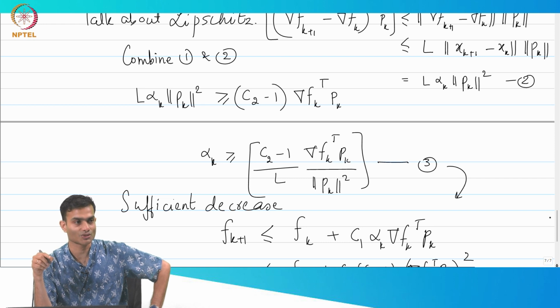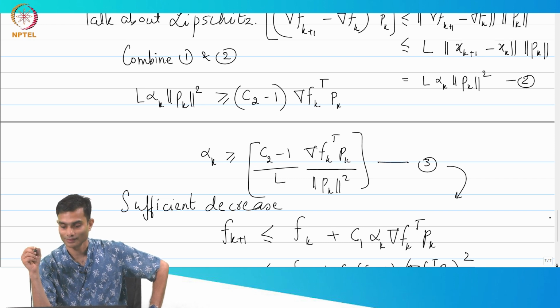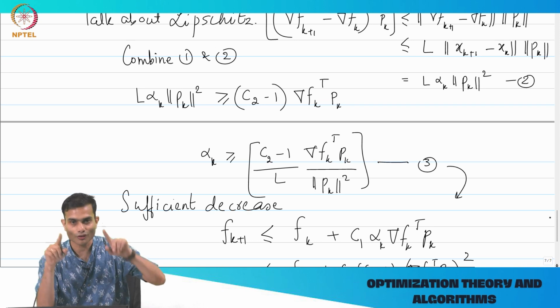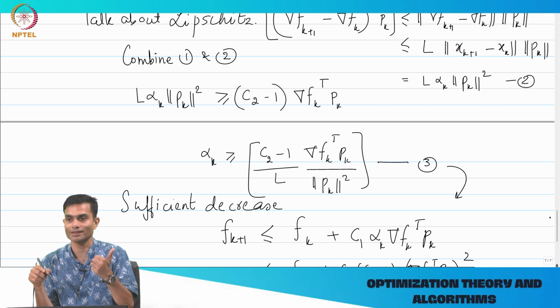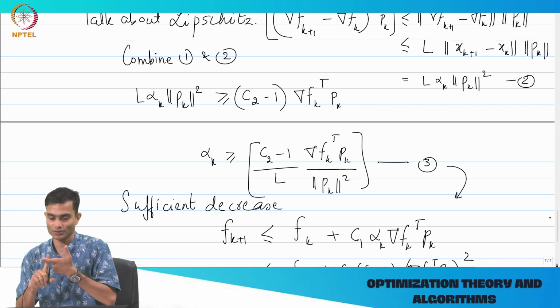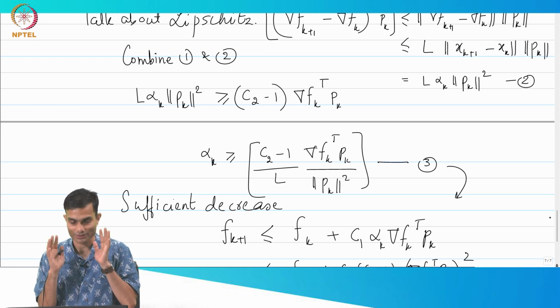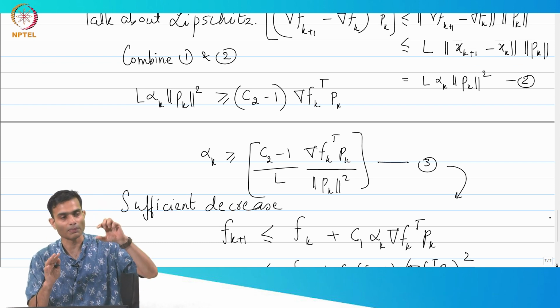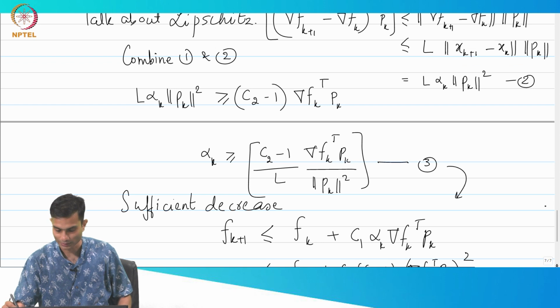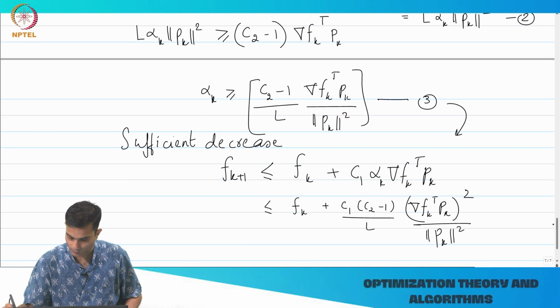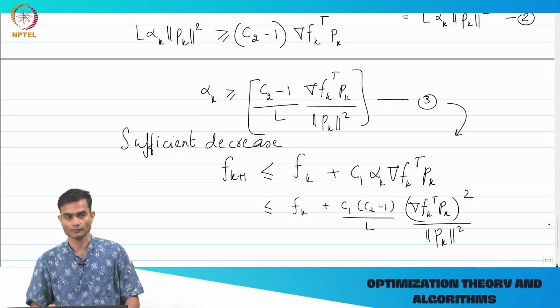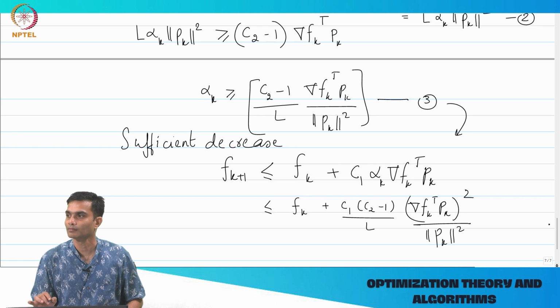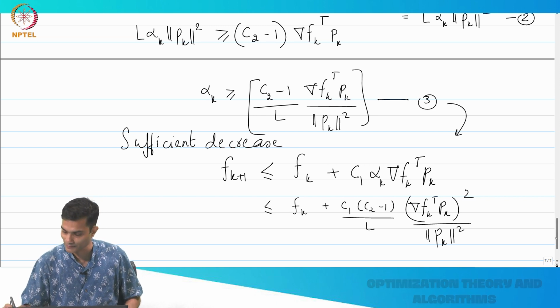C2 is less than 1, but that's not enough. The overall term is positive because it is a descent direction. So pk transpose grad fk is actually a negative number. So this is telling us alpha k is above some positive number. So is this fine? The direction of the inequality is fine over here.